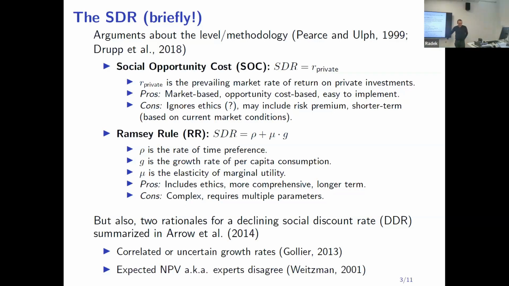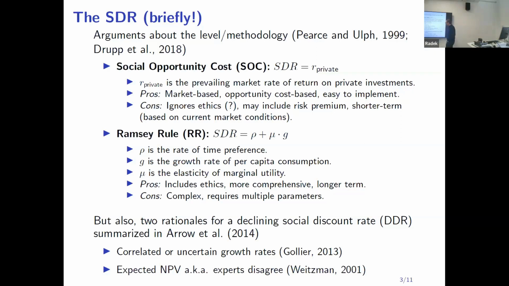Keynes, Ramsey in 1928 in Cambridge. Philosophers before that were arguing about what the right way of discounting the future is. So there are disagreements, and people fight and bicker about it all the time. It's philosophical and there's no right answer. There are just different methods.